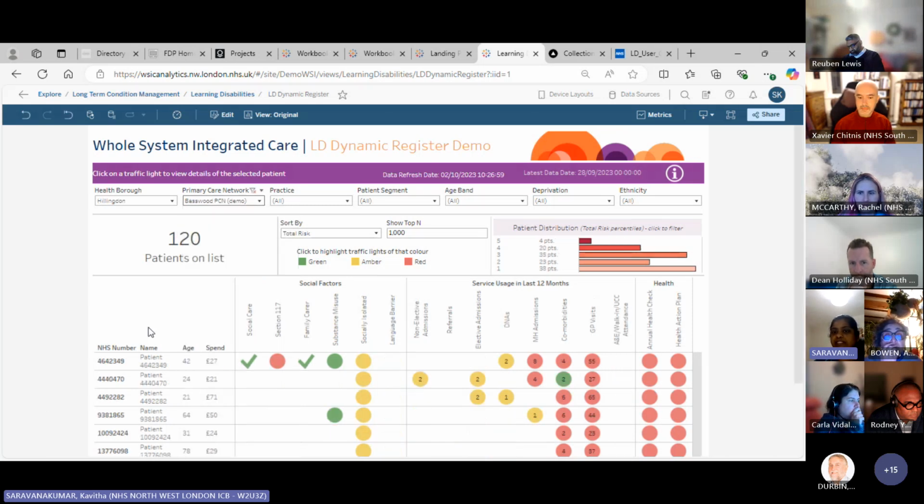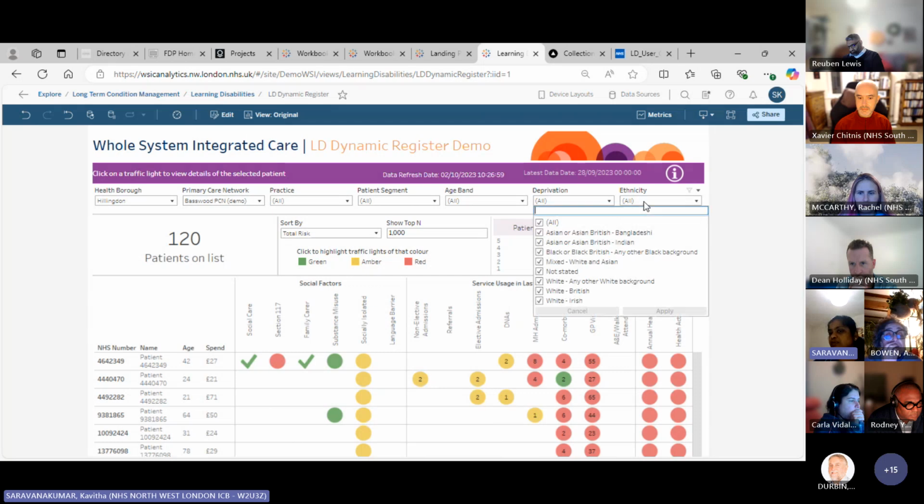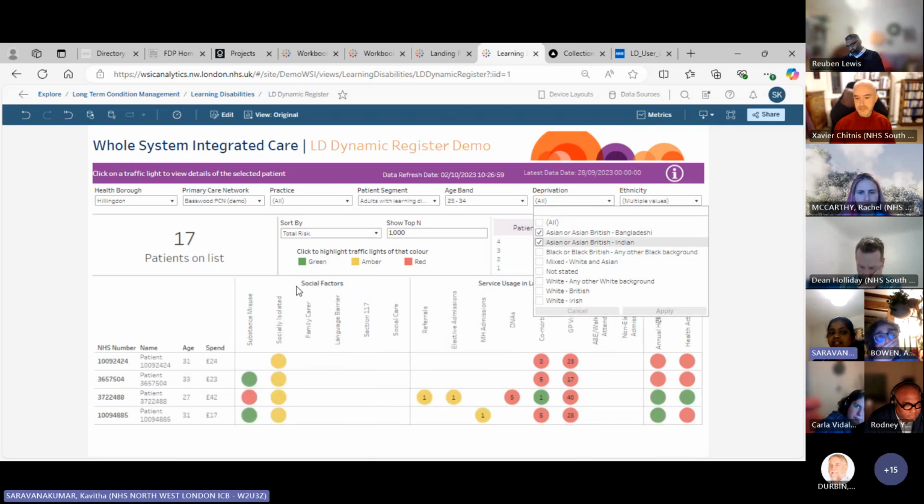You filter for that PCN, and then you say, I want to look up my Asian or Asian British population, and filter for them. Because Tableau is dynamic, it keeps filtering, and then which patients come up, you're basically discussing them. So that's really how this is used in a real world setting.